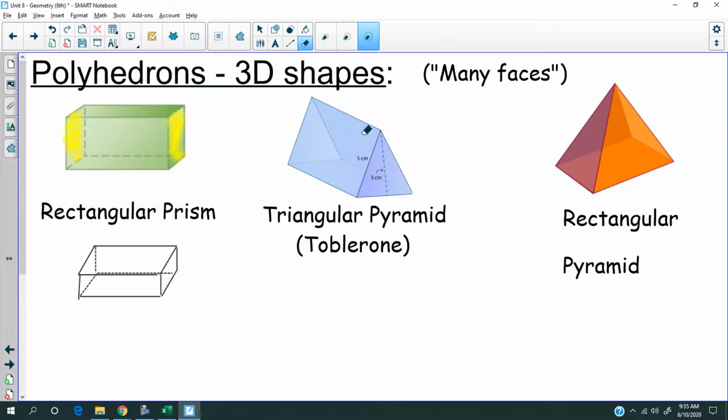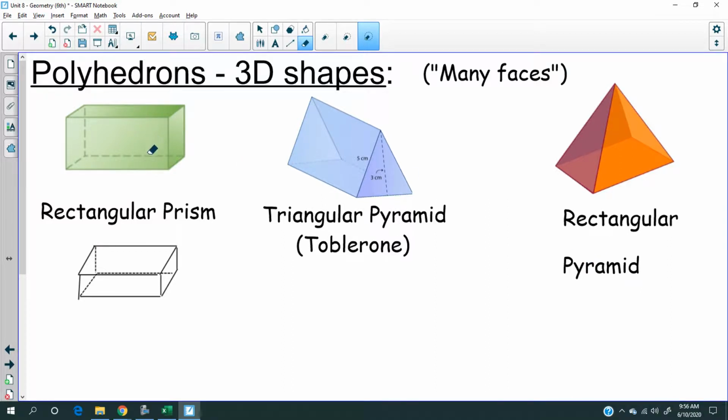Now, I don't want to go ahead and say base, not really base per se. So imagine a Toblerone bar. You're going to have to look that up yourself. You know that candy bar from Switzerland, Toblerone. That's what this is. The shape is defined by what's here. It's the 2 triangles.